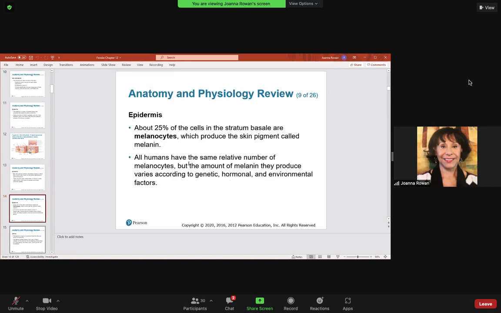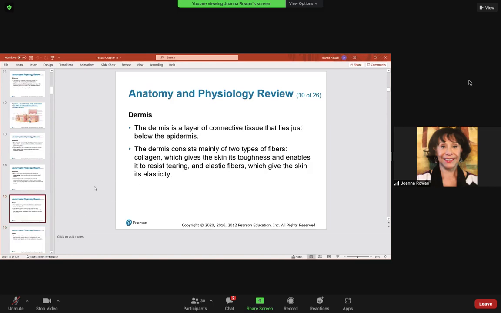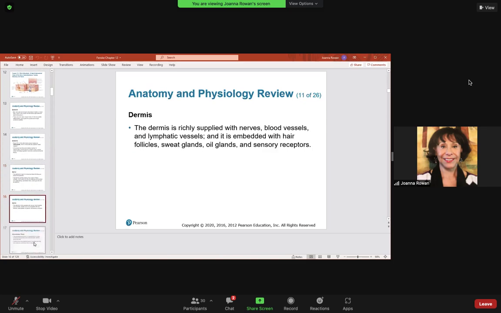So know what produces the color of the skin, and that will be melanin, right? So have a mental picture of that. And that's all related to that.